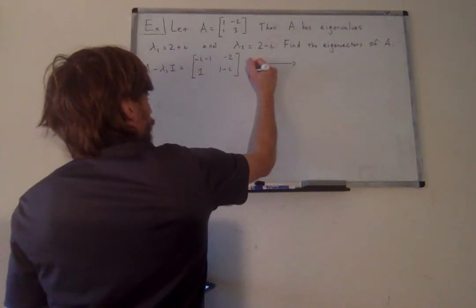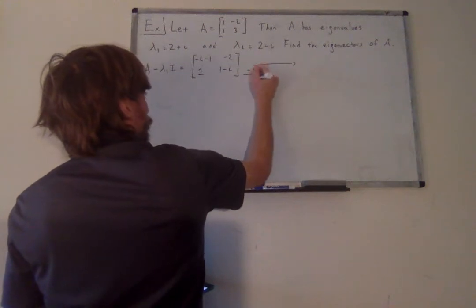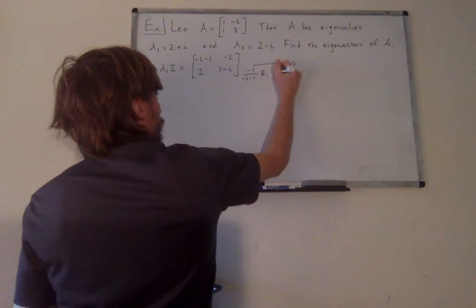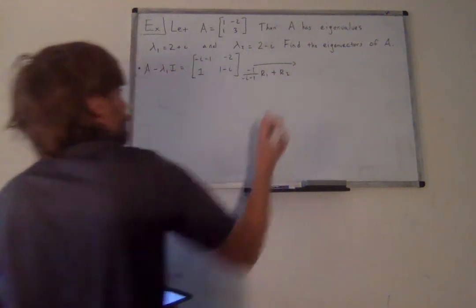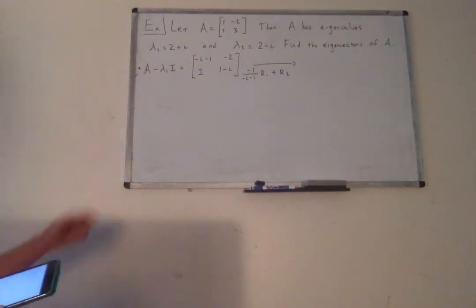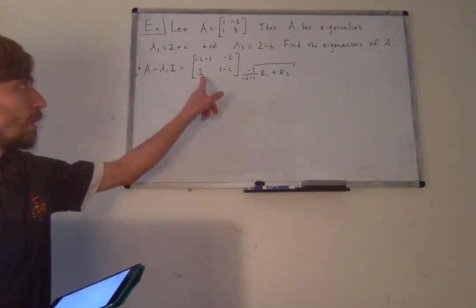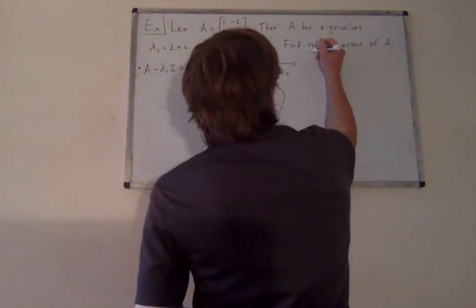So I'm going to do negative 1 over negative i minus 1, row 1 plus row 2. Notice that this times this gives me negative 1, which will make that 0. So I don't have to worry too much about that entry.